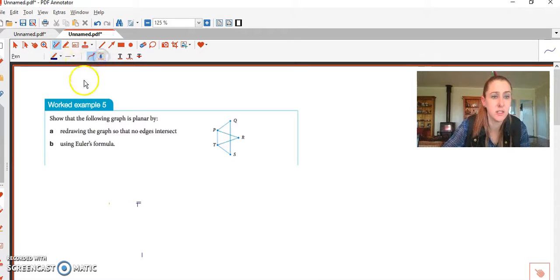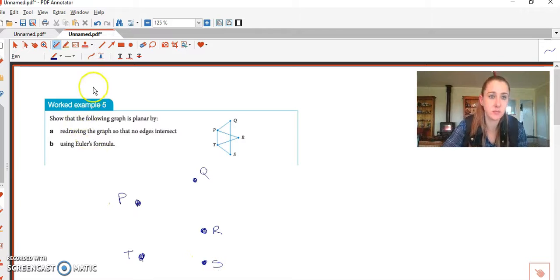I've got P, T, and I'm going to label them as I go: Q, R, and S. So now I know that I've got a connection.